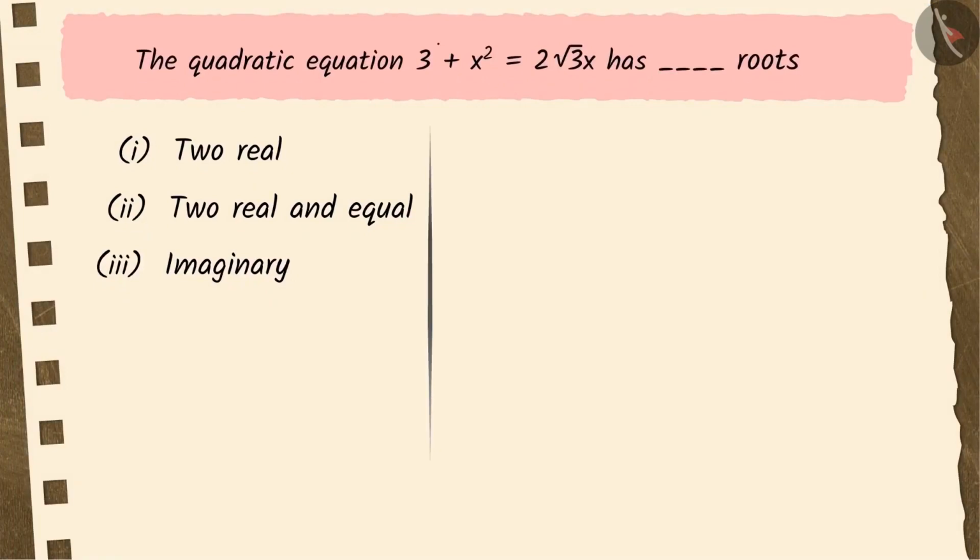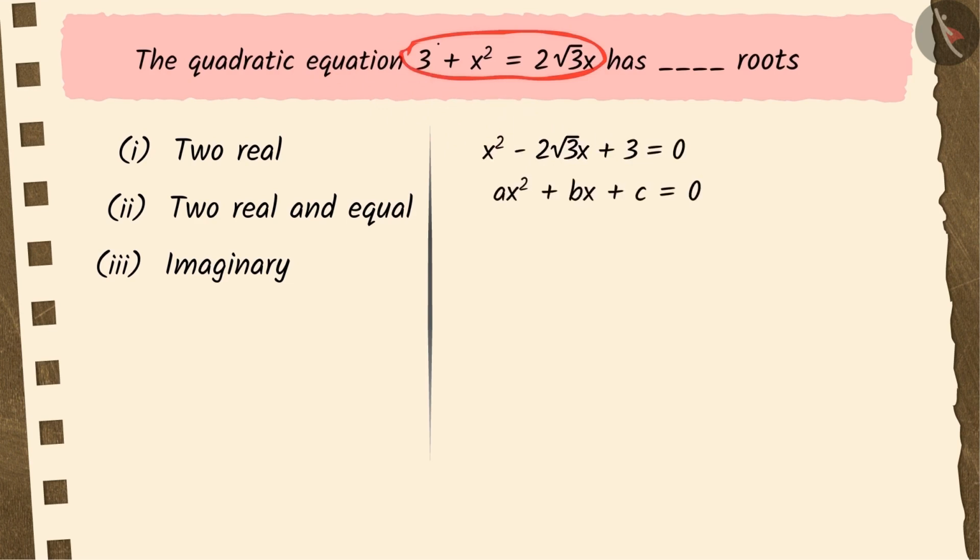You will see that the quadratic equation given in the question is not in its standard form. Can you write this equation in its standard form? The given equation can be written in the standard form as follows. On comparing it to the standard form of a quadratic equation, we can obtain the values of a, b, and c. What do we have to do further?